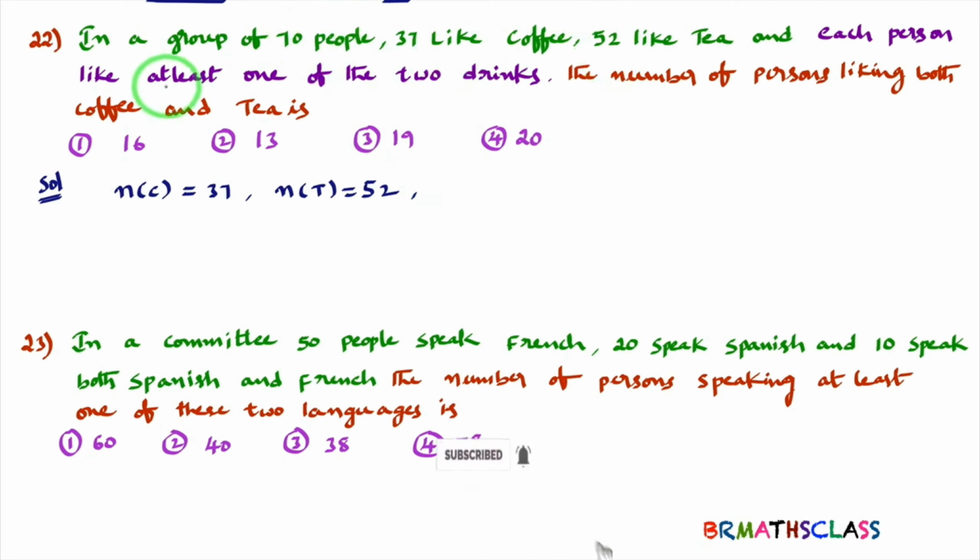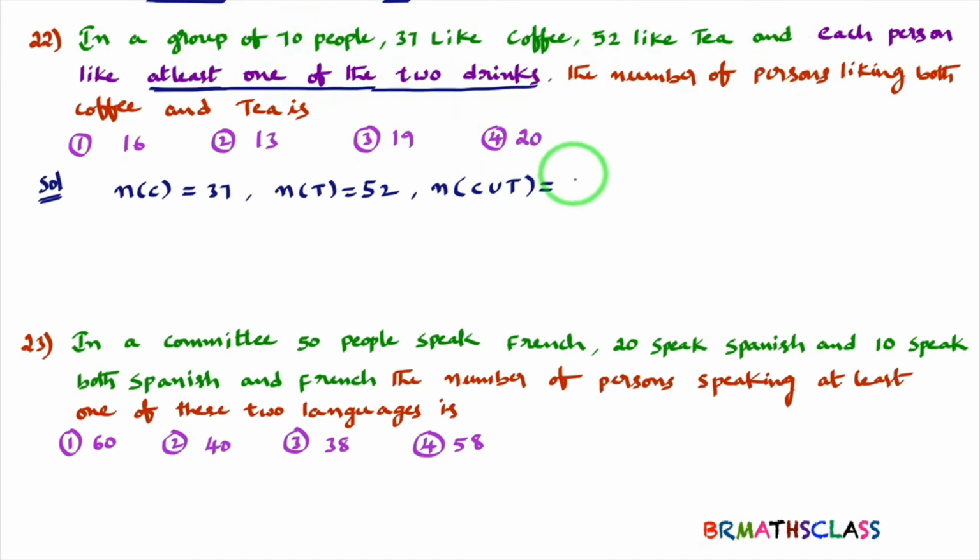So here you observe once again, at least is there. At least one of two drinks. Whenever you see this, you need to understand C union T is given. What is C union T? In this group, how many people are there? 70 people. This is the important information you need to understand. Once you understand this, the rest is very easy.